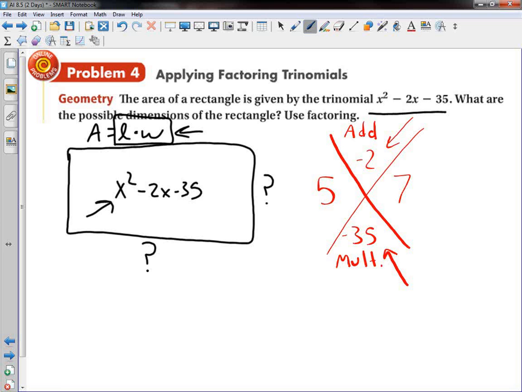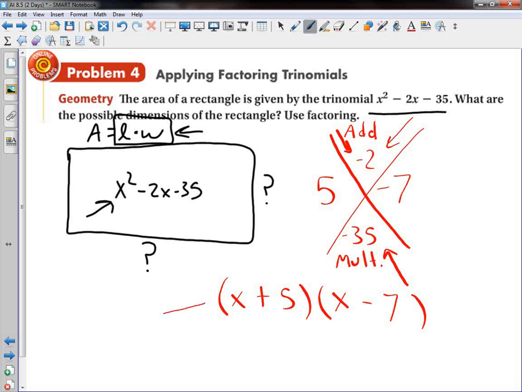Now I just need to figure out which one's negative, which one's positive. Well, when I add them, I want the sum to be negative right there at -2, which tells me the larger of these two is going to be the negative one. Okay. Now, last thing we need to do is break these apart into my factored form. I need to split apart my x's, and I need to bring down my two numbers, including the positive or negative sign that belongs with it.